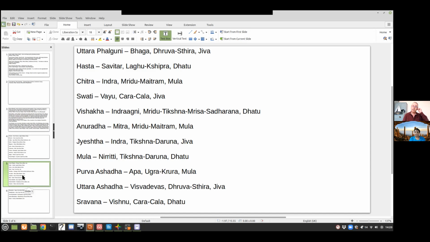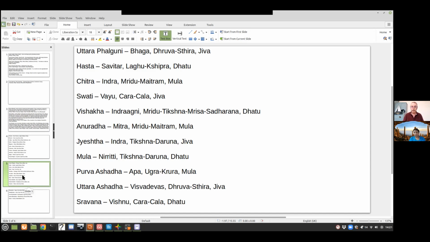Anuradha is connected to Mitra. Quite often you'll hear about it being connected to Radha as well. There are some very different concepts about each of those associations, both of which fit in overall with the meaning of Anuradha Nakshatra. And it's a Mridu and Maitrim and a plant nakshatra.